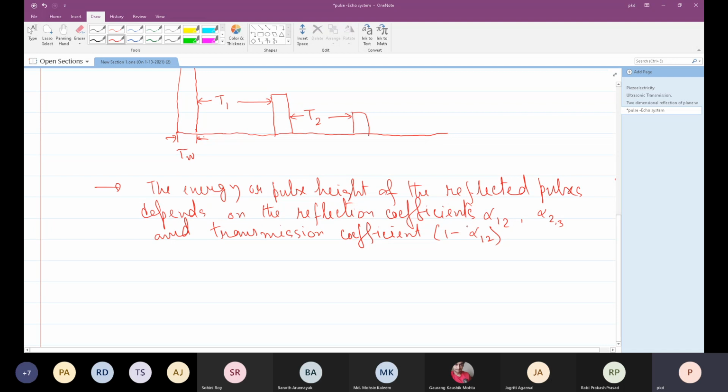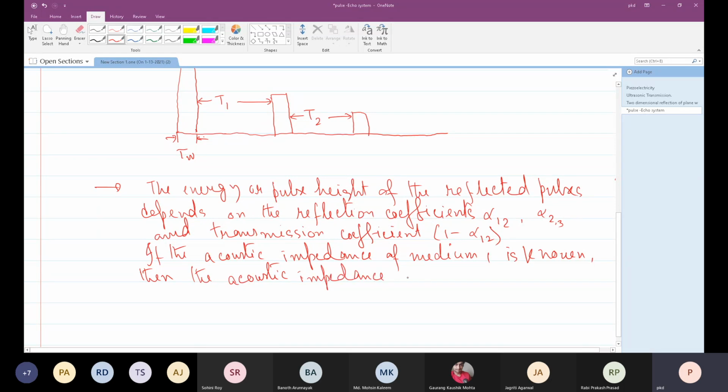And if the acoustic impedance of material 1, or layer 1, is known, then the acoustic impedance of the inner layers can be determined.